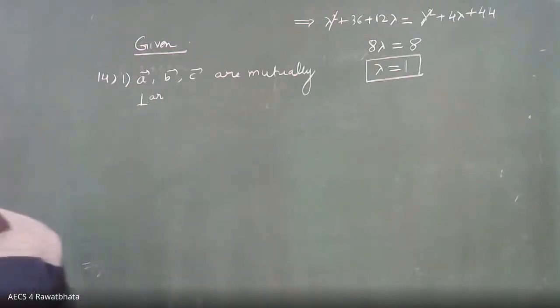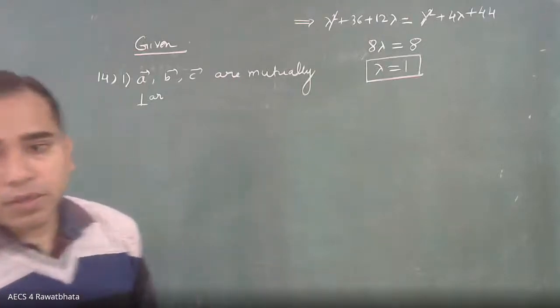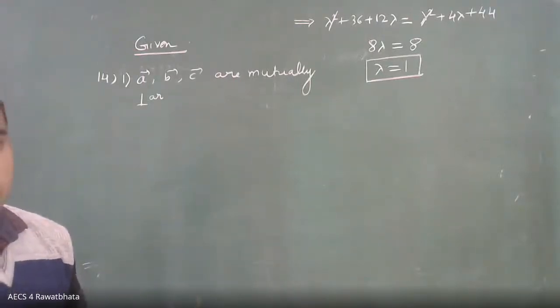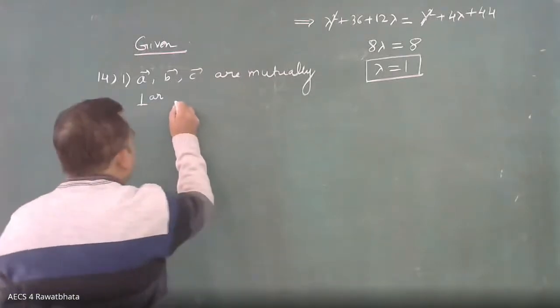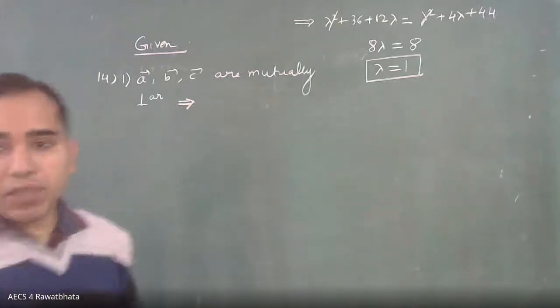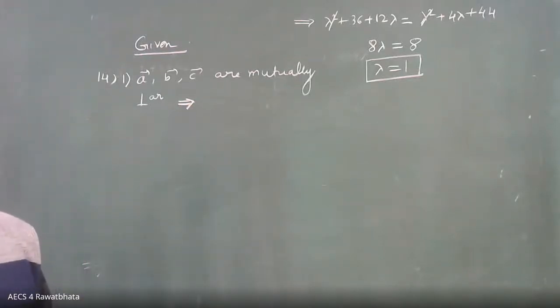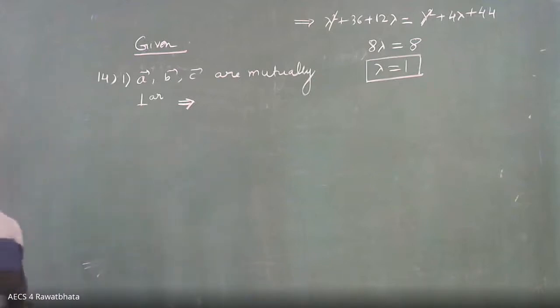Now somebody tell me what conclusion, what equation can I write from here? Can someone tell me? Sagarika, can you tell me? They are mutually perpendicular. तो मैं यहाँ से कुछ equation लिख सकता हूँ क्या? Or anyone in the class? Manu Pratap? They are mutually perpendicular.